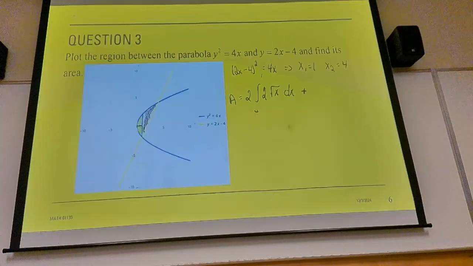Plus area of the second region. What's the larger function? Square root of 4x. What's the smaller function? 2x minus 4.